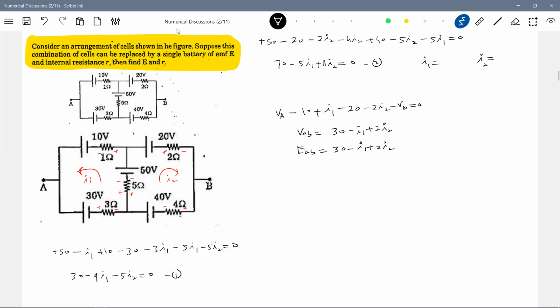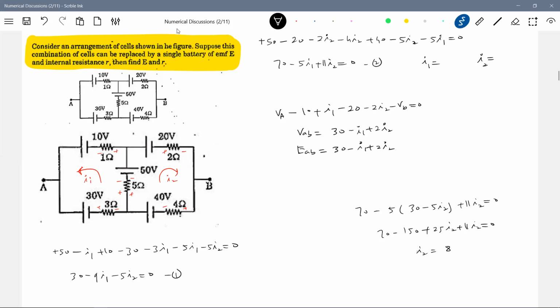Okay, nobody. Let me try then. I should replace I1 there, no? So this will be 70 minus 5 I1, and I1 will be 30 minus 5I2. 70 minus 150 plus 25I2 plus 11I2 equals 0. 80, it will become.